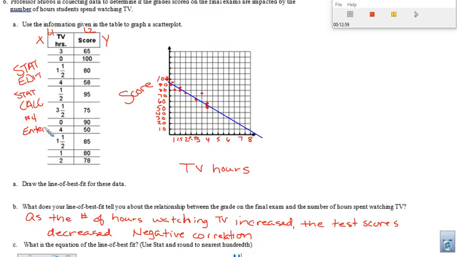And that's going to give you your A and your B. So you should have gotten somewhere pretty close to y equals negative 9.33x plus 95.63. And that's your equation of your line of best fit. That's the blue line right here. And it's just all done with the calculator, so you don't have to do a whole lot of math. The calculator does the work for you.